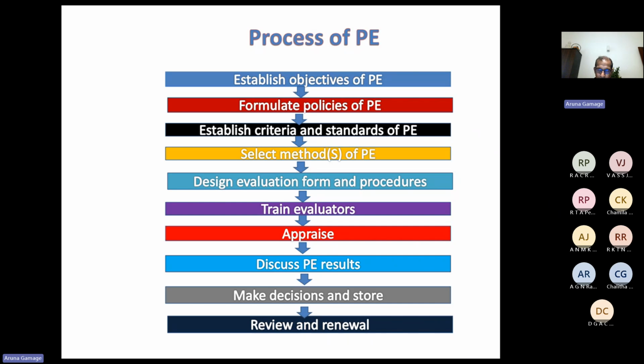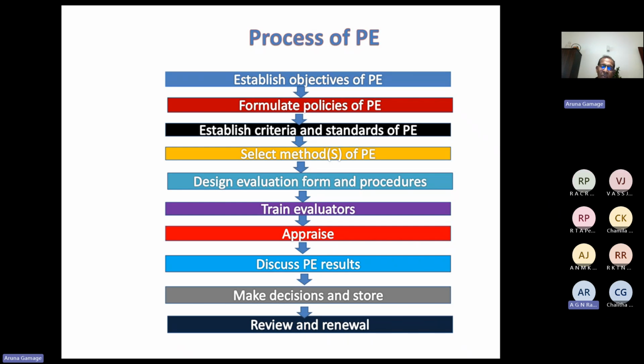S for specific. M for measurable. A for achievable. R for relevant. T for time bound.